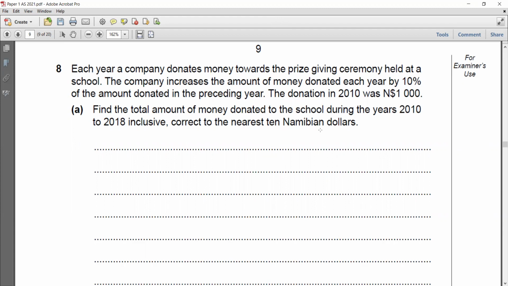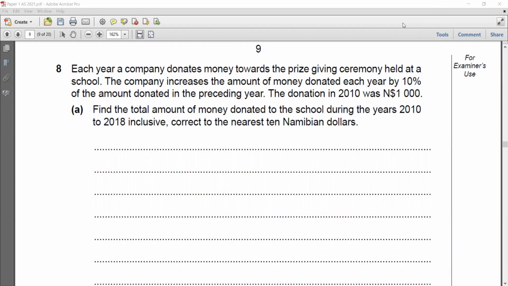Okay, so here you can see this is a compound interest question. Find the total amount. Yeah, because every year you add 10% of what you have already. Okay, so not compound interest, but series actually.